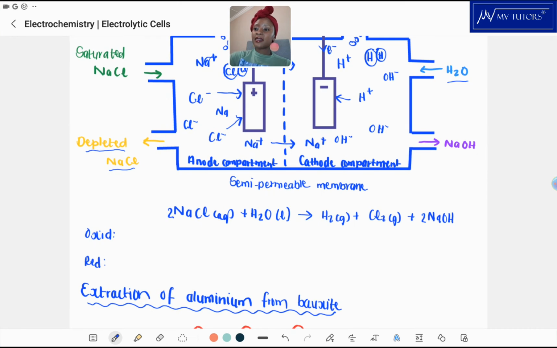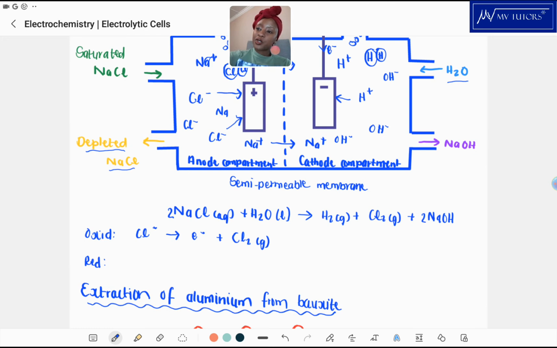Okay, so what was oxidized? Well, we had our chloride ion, okay, and it gave away some electrons, let's say 1 electron each. But what was the product? The product was chlorine gas. And because we have chlorine and it has to fulfill the octet rule, it can't go by itself, we have 2 chlorine atoms.